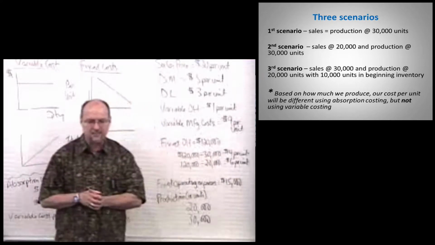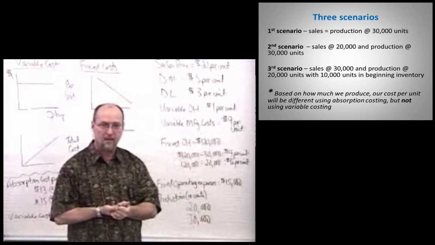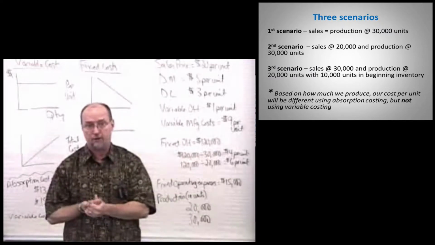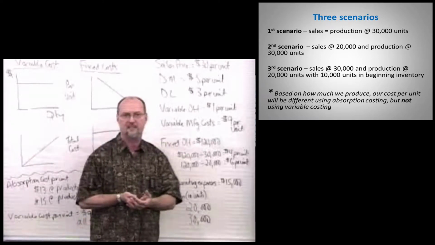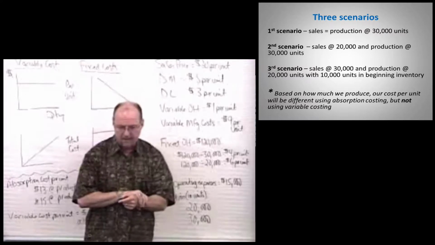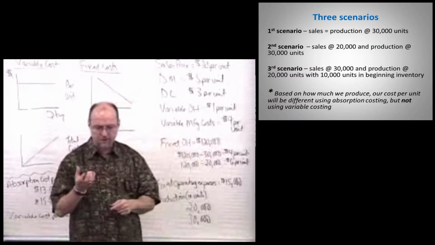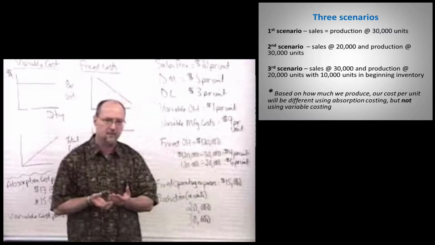In the second scenario, we're going to sell 20,000 units, but we produced 30,000 units, which means we're going to have 10,000 units in ending inventory. Okay? So scenario 2, since we produced 30,000, we only sold 20,000, we'll have 10,000 units in ending inventory.